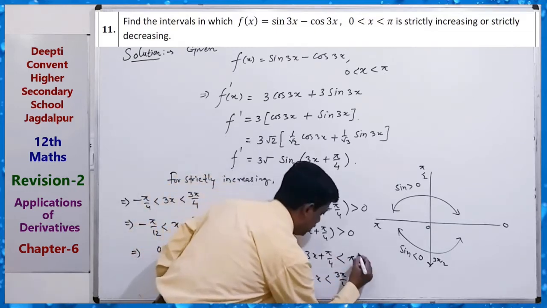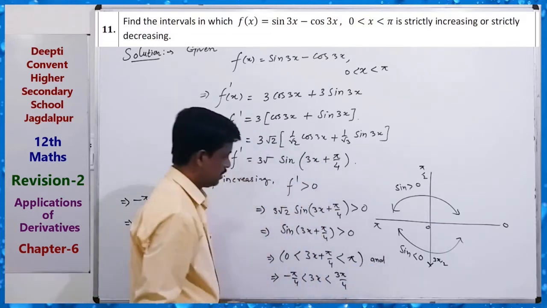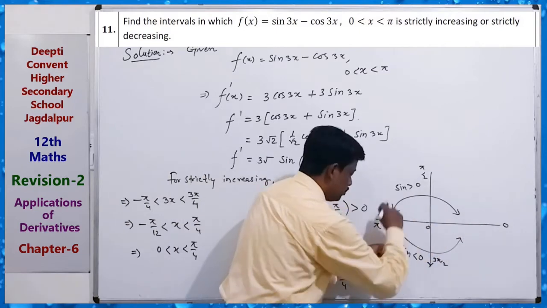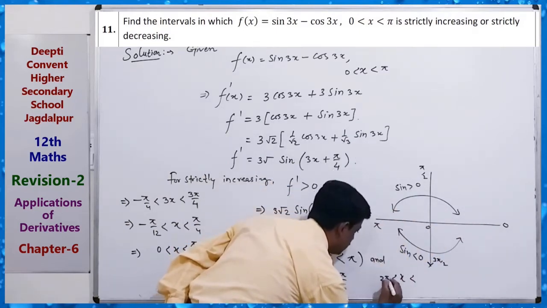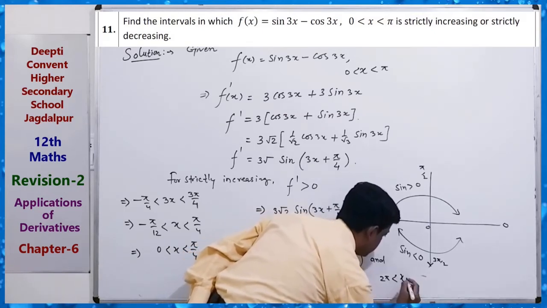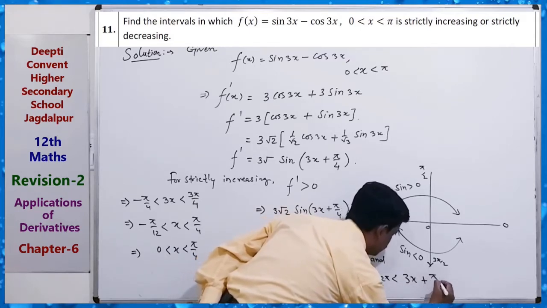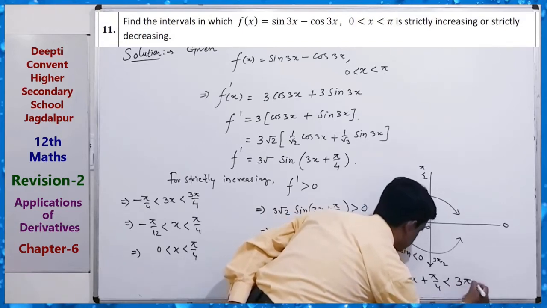Also 2 pi to 3 pi. X lies between 2 pi to 3 pi, so 3x plus pi by 4 is less than 3 pi.